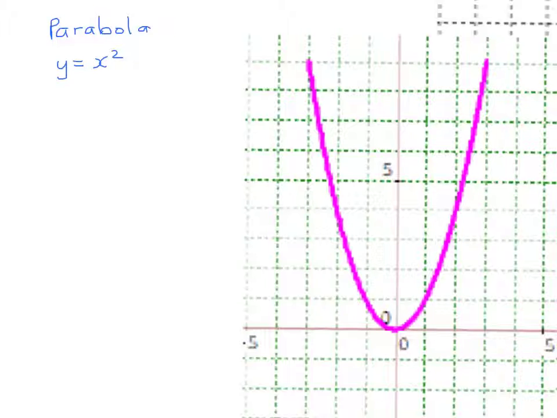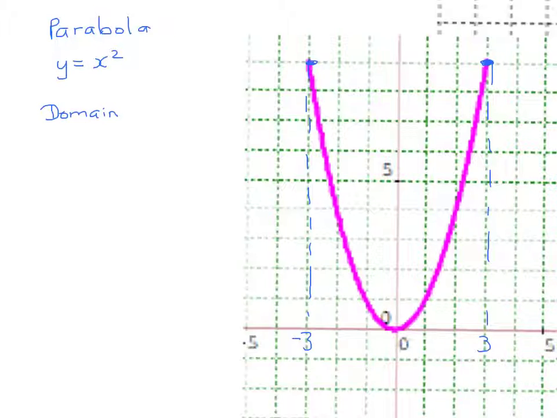And any other features that we can comment on, I could tell you the domain of the parabola. So the domain is the x values for this parabola. As you can see, it stops at this point here and stops at this point here. So the x values only go as far as -3 and to +3.